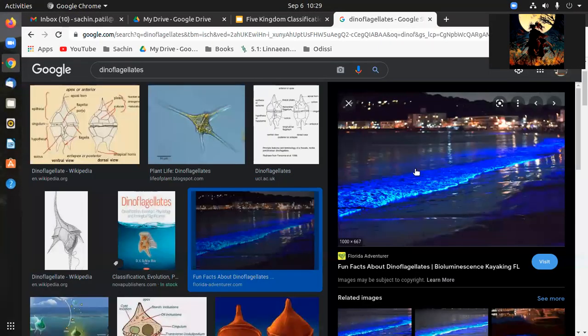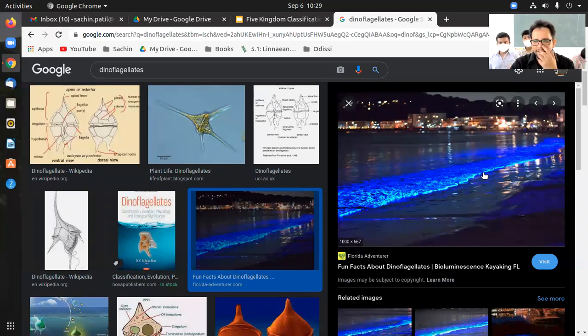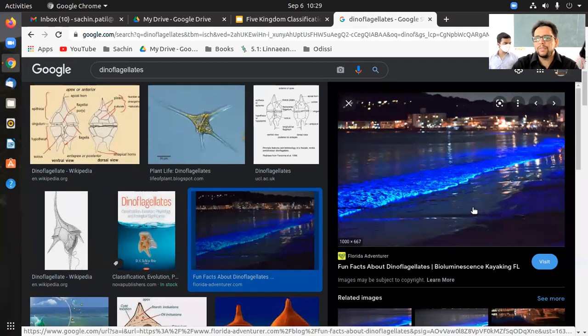This particular image can happen because of different phenomena. One of them could be dinoflagellate, because they have something called luminescence, or it is also called fluorescence, depending on what compound and what wavelength and so on. There are different things which just glow in the presence of light.